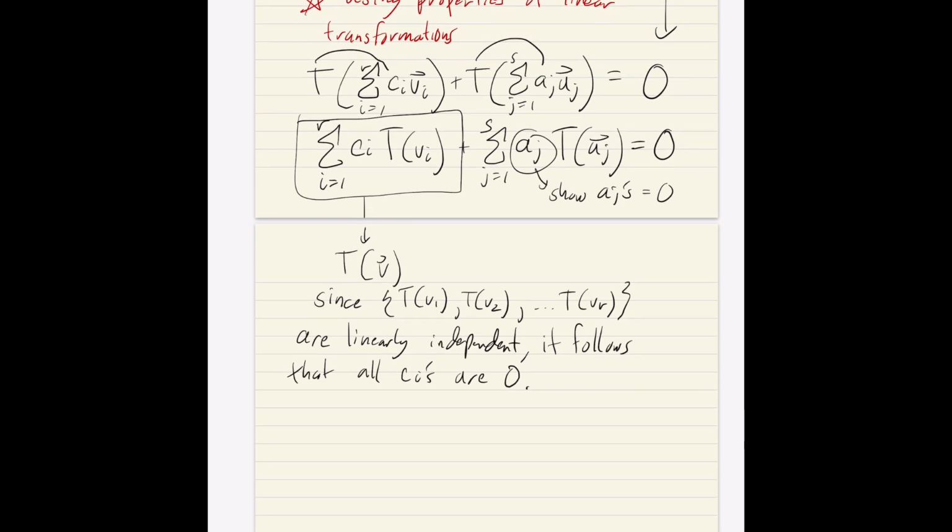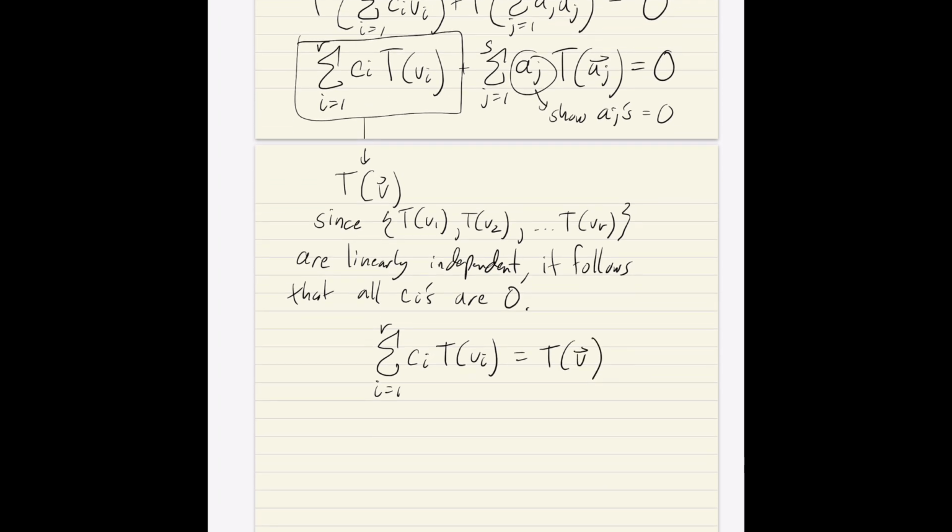And we also know that, like I showed above, the sum from i equals 1 to r of ci T of vi, we can just replace that with T of v.